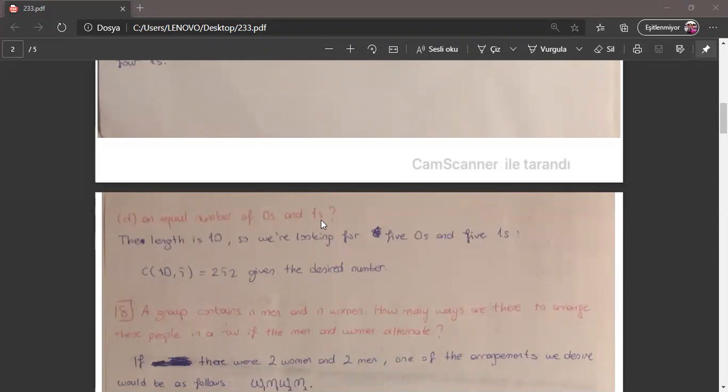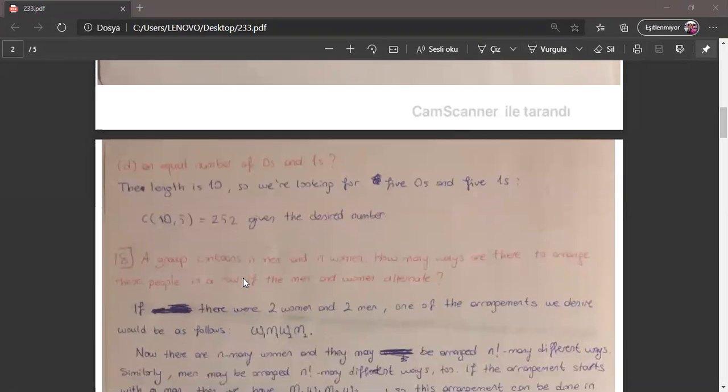So it's enough to choose one of them. So 10 choose 5 gives us the desired number, which is this. Okay, so we choose 5 digits and we put zeros, for example, and the rest will already be ones, so we don't have to compute another thing. Okay, so we have already this number.